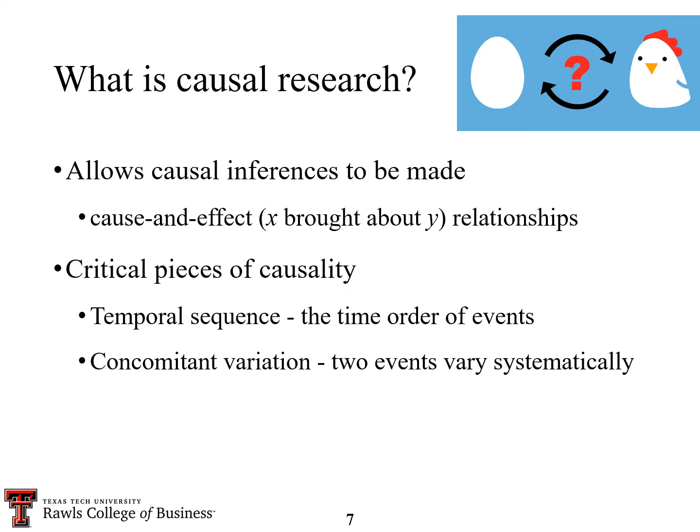Concomitant variation, and this is really a difficult thing that students have a hard time grasping usually. It means that two events vary systematically. So whenever we think about this, we can bring up the driving to get to work situation.